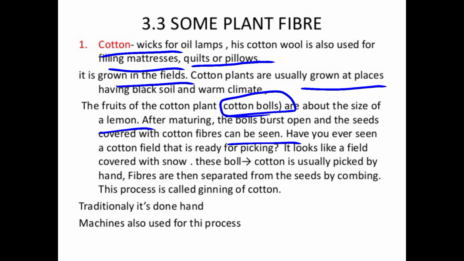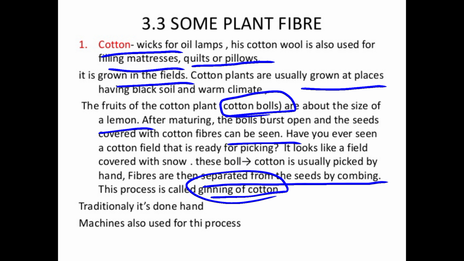These cotton balls are usually picked by hand. Fibers are then separated from the seeds by combing. This process is called ginning of cotton. So you need to note that cotton is obtained from the cotton plants. They look like small balls the size of a lemon on top of the plants.